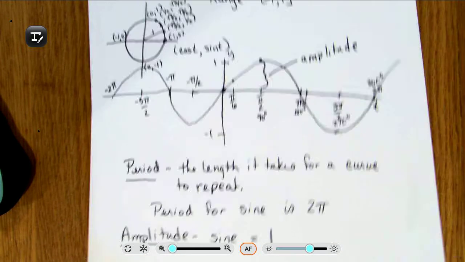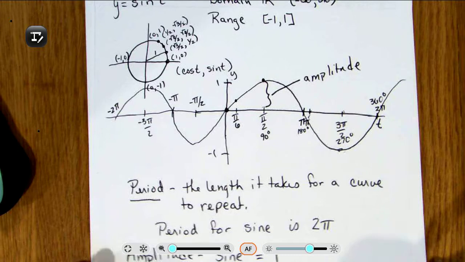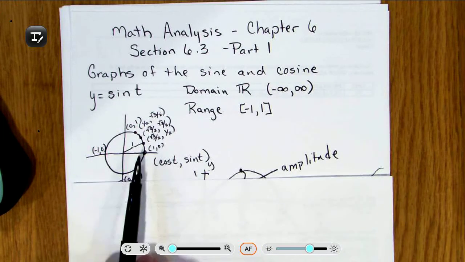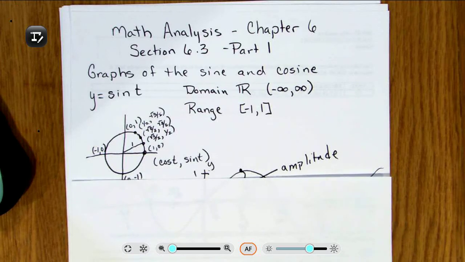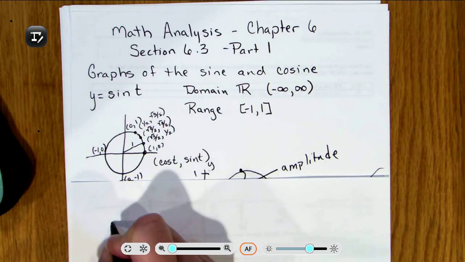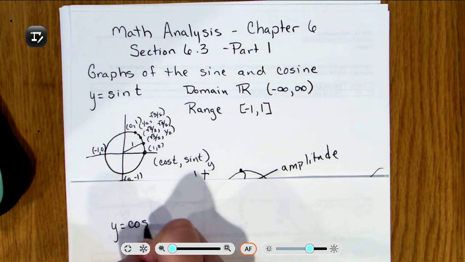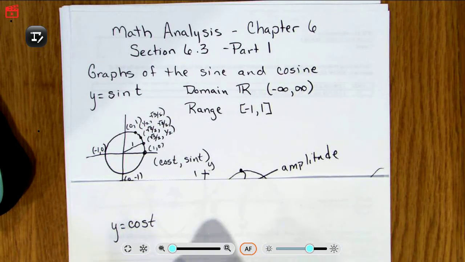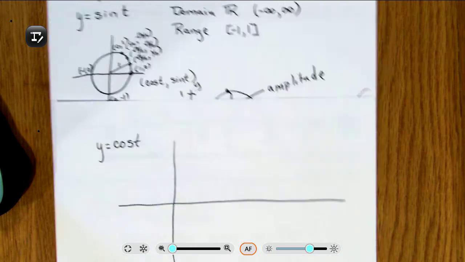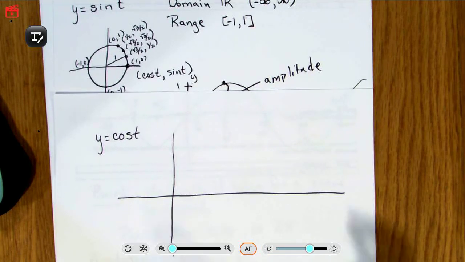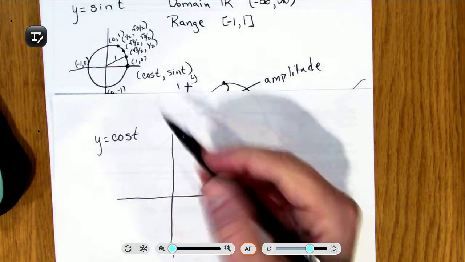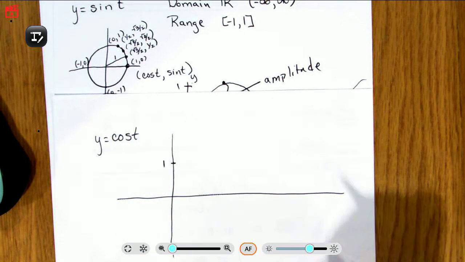I'm going to draw the basic cosine curve next. Again, I'm going to be using my little circle, remembering the cosine is now on this inside part. So we're going to do y is equal to the cosine of t again. We will find that this guy does repeat itself as well as we go around and around. Cosine is going to start at 0 up at 1.